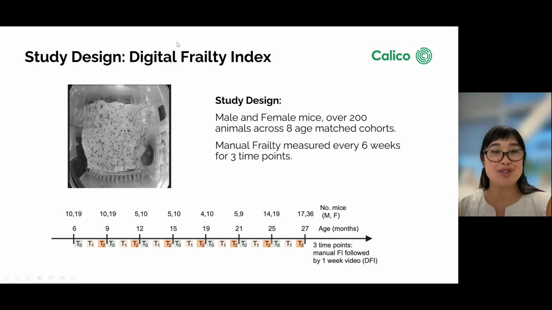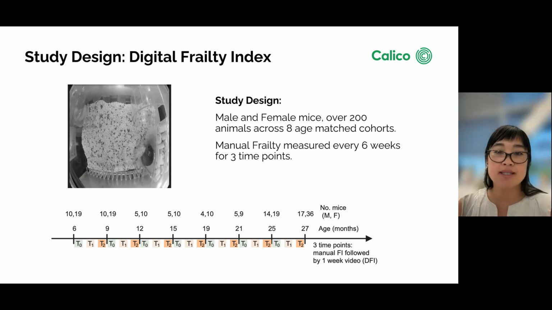So after hours of brainstorming with the full team, we came up with our study design. This is a photo of what our video cage looked like. We had both male and female diversity outcross mice. Again, we had over 200 of these animals across 8 age-matched cohorts.